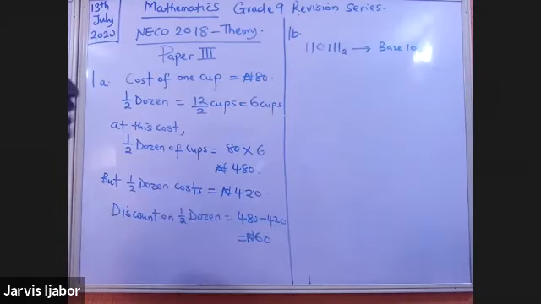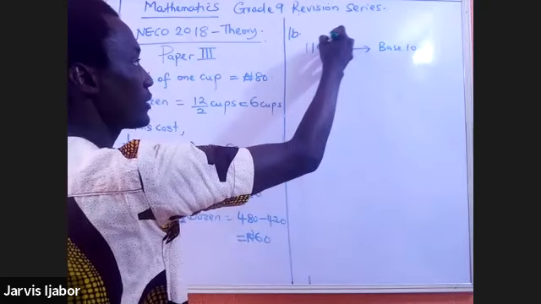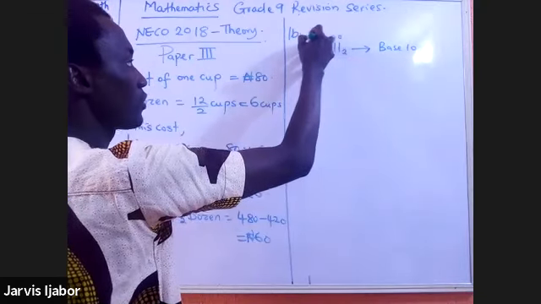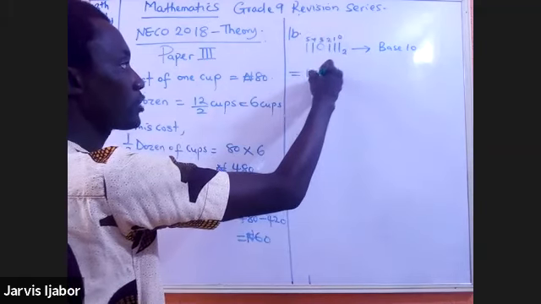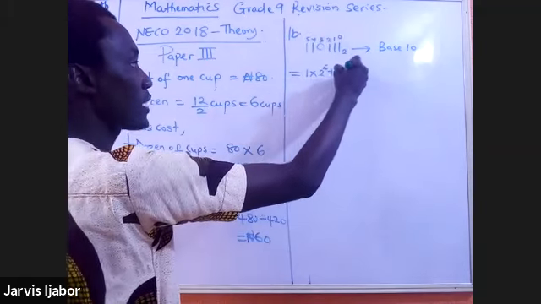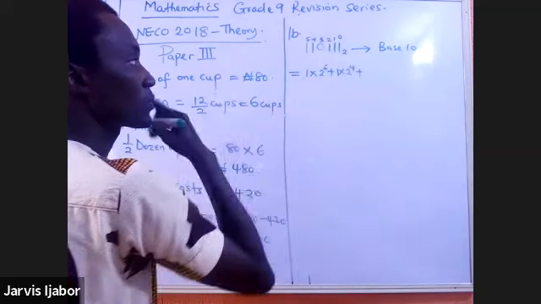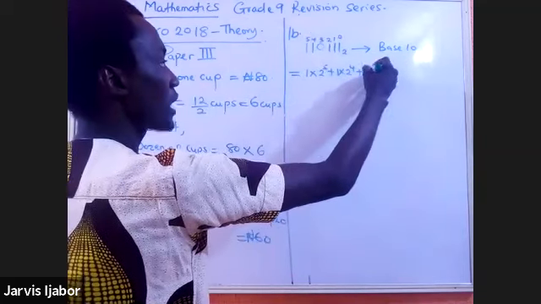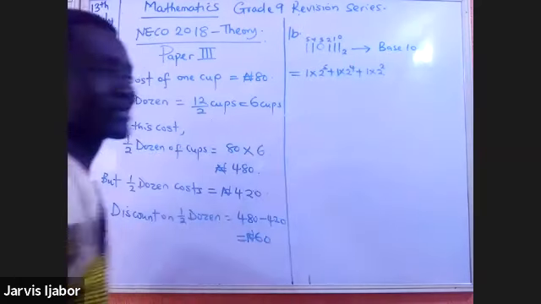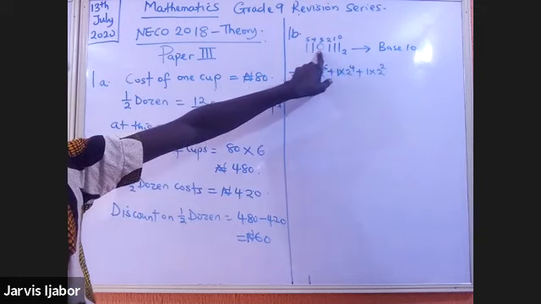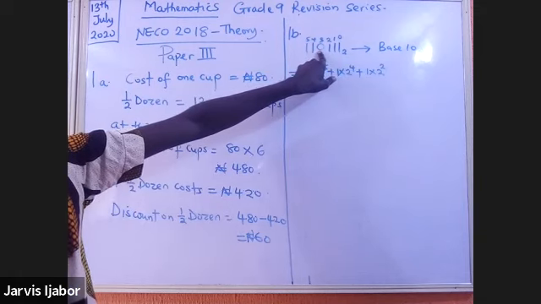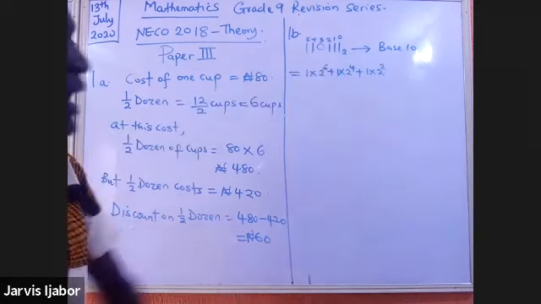So how do you do that? This will be position 0, this 1, this 2, this 3, this 4, this 5. So this will be equal to 1 times 2 to the power of 5 plus 1 times 2 to the power of 4 plus 1 times 2 to the power of 2. Remember I said that anything that multiplies 0 is 0, so you don't need to waste your time indicating that.